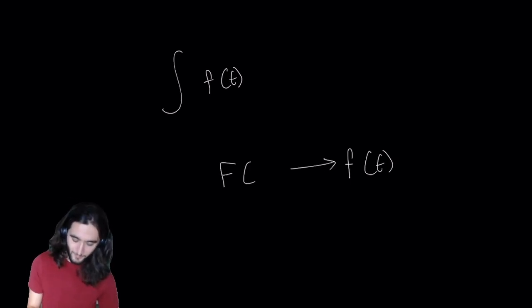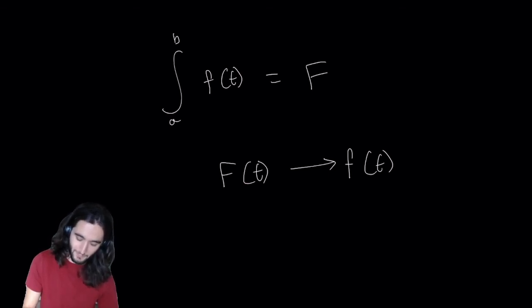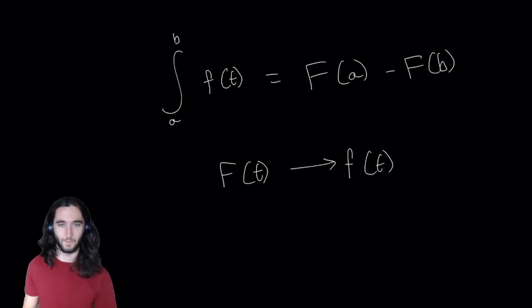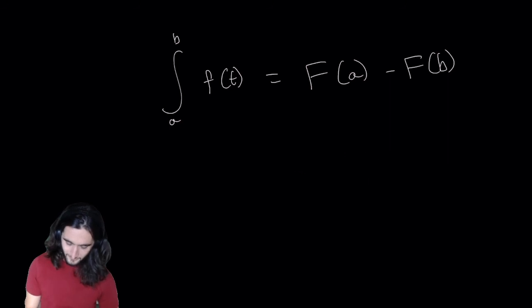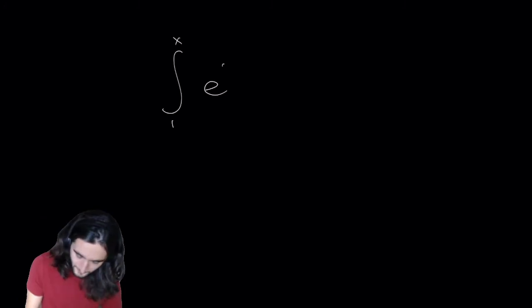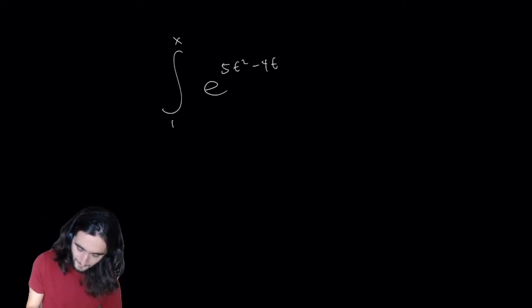And once you figure out that antiderivative, then you are plugging in those two bounds, right? So what we're looking at is the integral from 1 to x of this function, e to the 5t squared minus 4t dt.